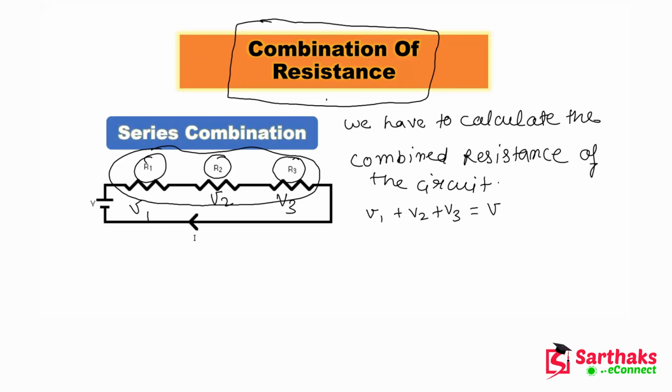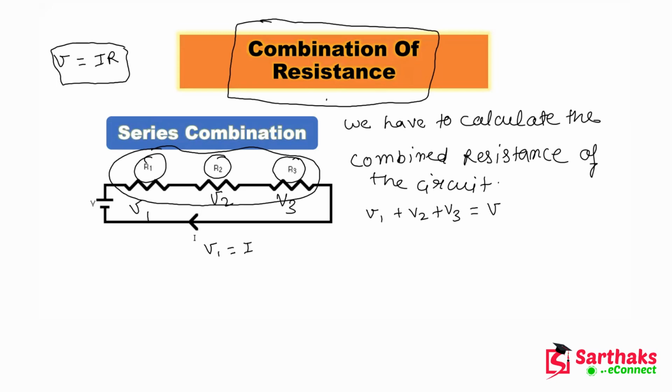Now, I know that the current is the same in this circuit, and if I want to calculate V1, I can simply calculate it by Ohm's law. What is the statement of Ohm's law? That voltage is proportional to current. When I remove proportionality, I add an equal sign and a constant, that is R, our resistance.